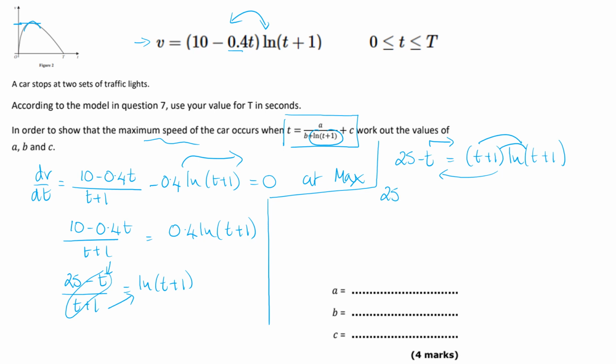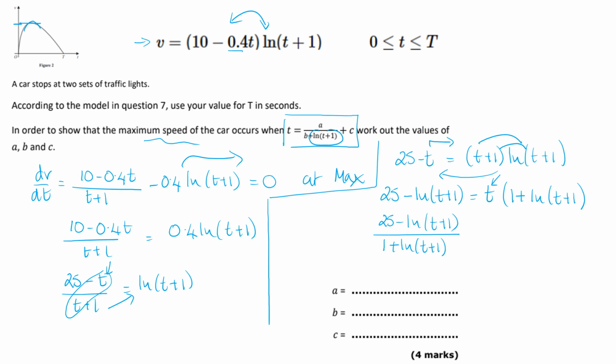So I'll get 25 minus the ln of t plus 1 on the left, and then take t out as a common factor, I'll get 1 plus the ln of t plus 1. And then making t the subject, I'll have 25 minus the ln of t plus 1 all over 1 plus the ln of t plus 1.